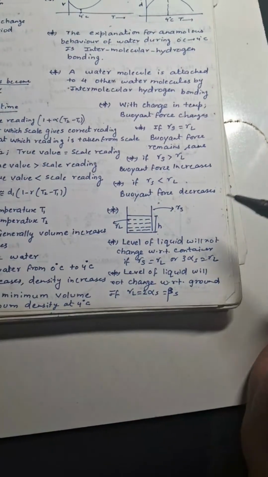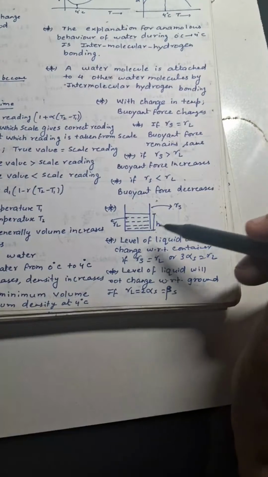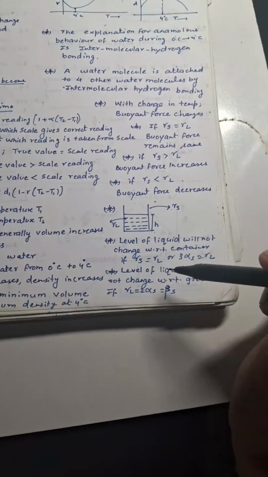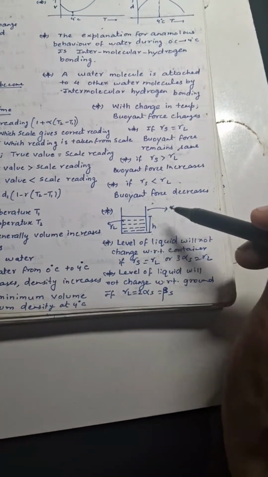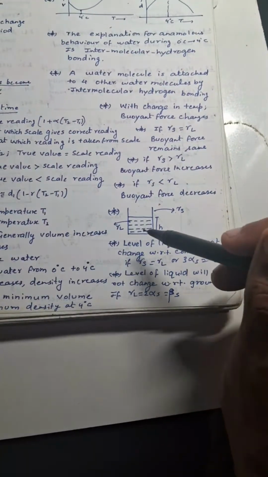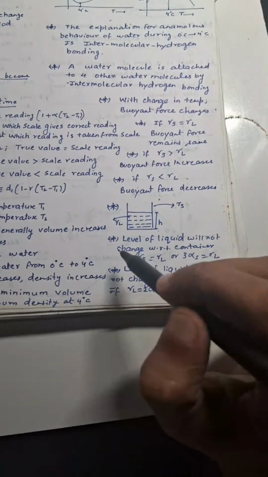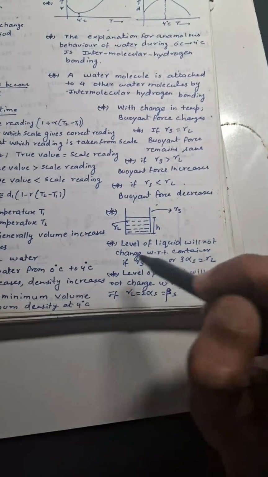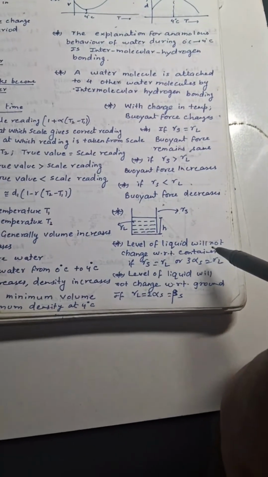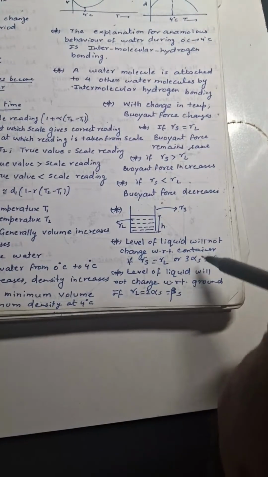Whereas if gamma solid is less than gamma liquid, bond force decreases. Now there is another concept: a liquid is filled in a container. The container has gamma solid and the liquid has gamma liquid. Then the level of liquid will not change with respect to the container if gamma solid is equal to gamma liquid.